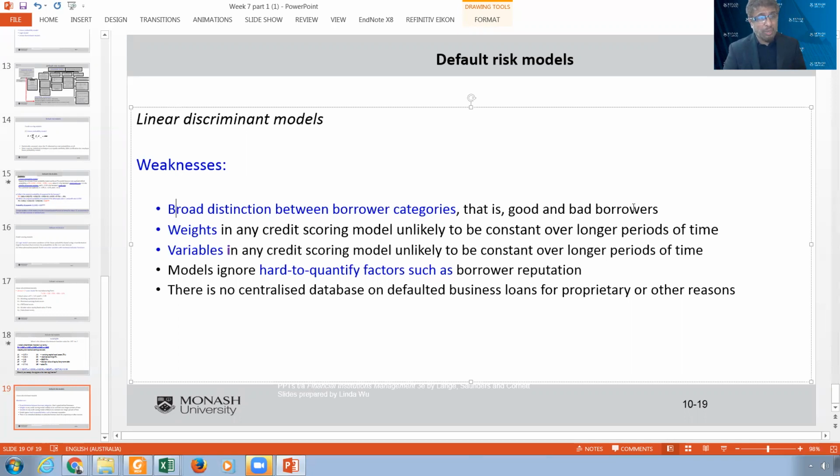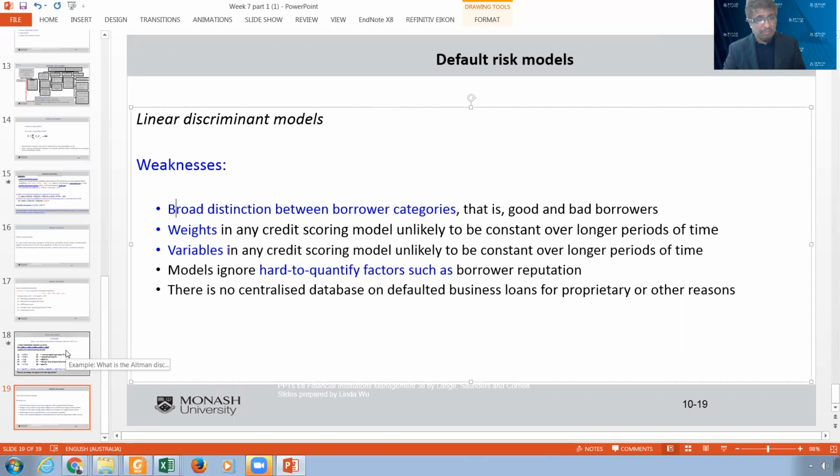The other thing is the weights. The weights in any credit scoring model are unlikely to be constant. When this model was developed, the coefficients, which are the X1, X2, X3, were based on American data. And we assume this American data applies to all companies.